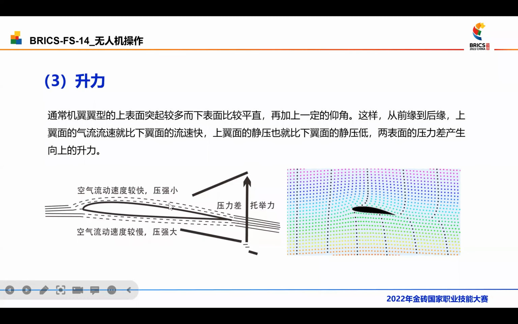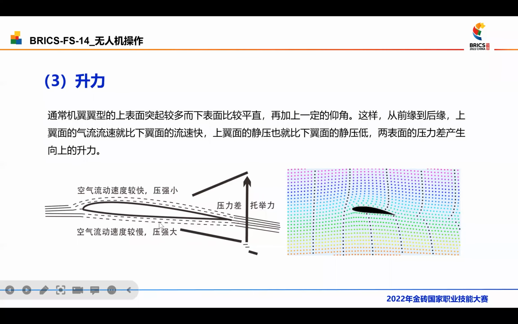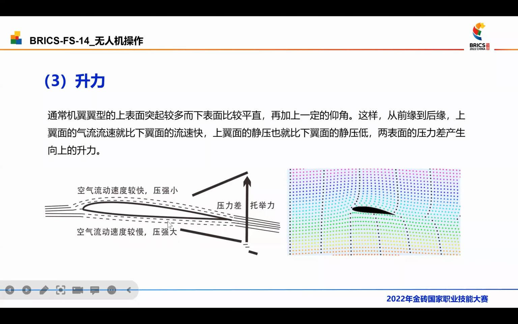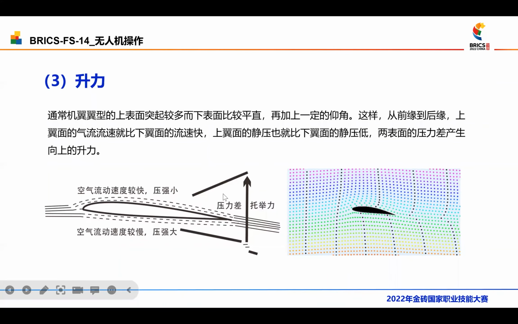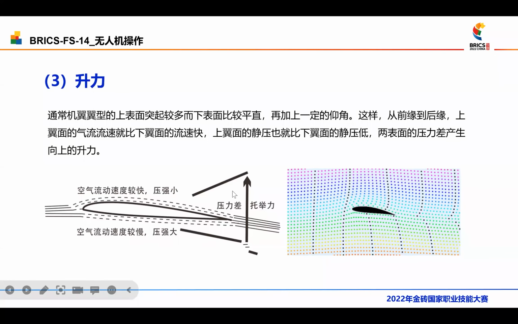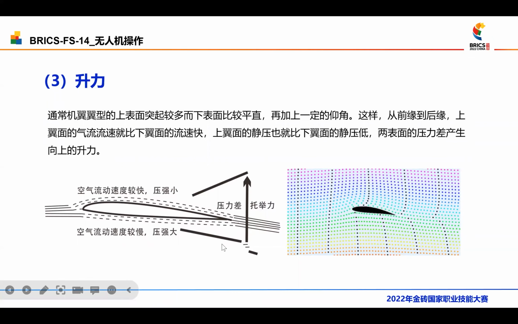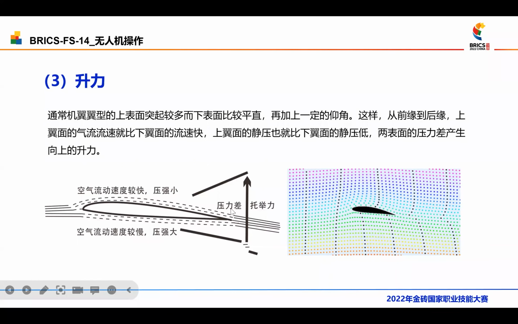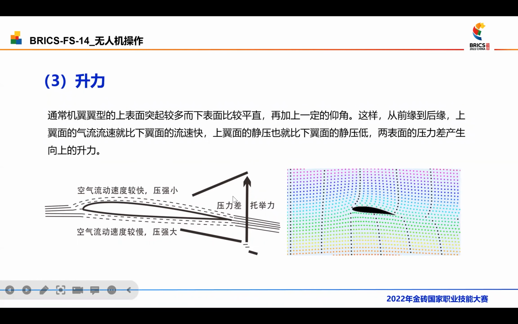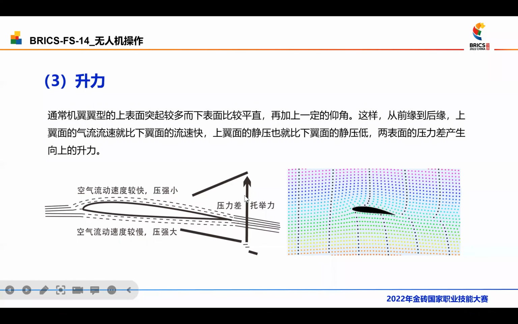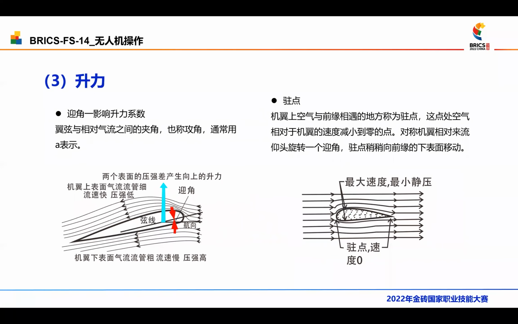In this way, from the leading edge to the trailing edge, the flow velocity of the upper wing surface is faster than that of the lower wing surface. The static pressure on the upper wing surface is lower than that of the lower wing surface, and the pressure difference between the two surfaces produces upward lift.